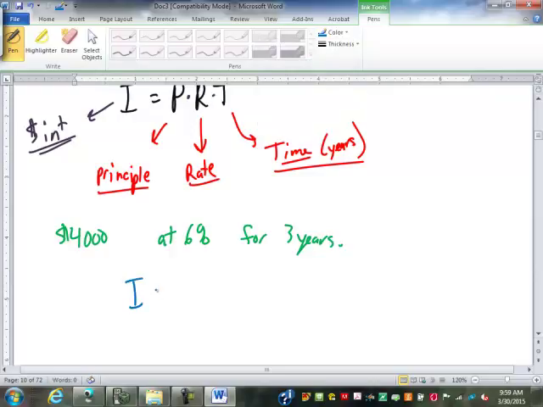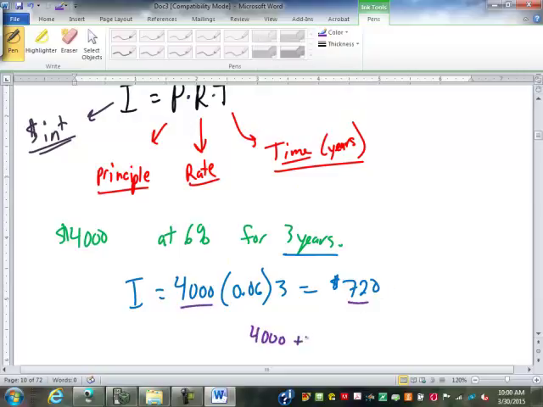So the amount of interest is 4,000 times 0.06, which is 6% as a decimal, times 3, which is going to give us what? $720 in interest. Is that right? So $720 in interest means at the end of those 3 years, we would have the 4,000 plus the 720, or a balance of $4,720.